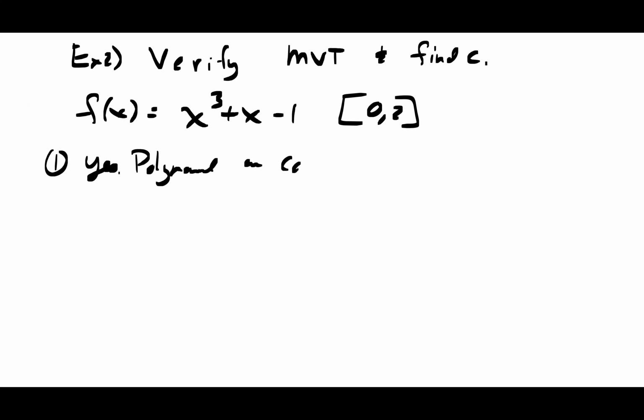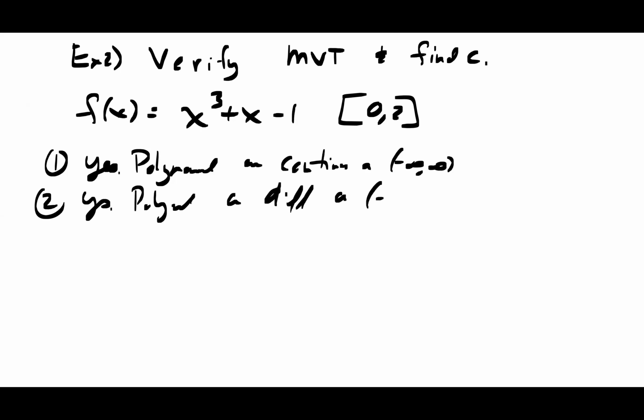Yes, polynomial functions are continuous. That's the way they are. From negative infinity to positive infinity, so definitely between 0 and 2. Number 2. Is it differentiable? Absolutely, polynomial functions are differentiable.